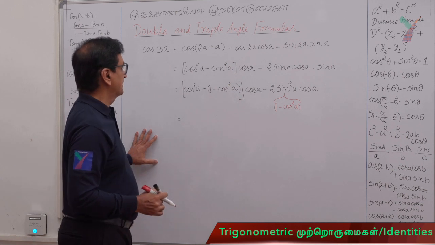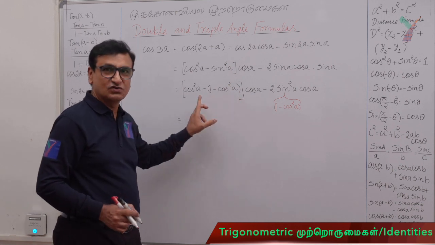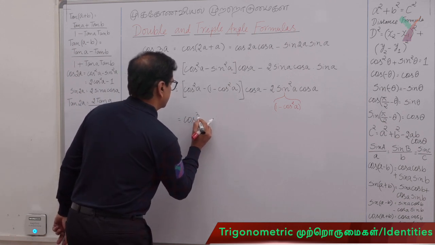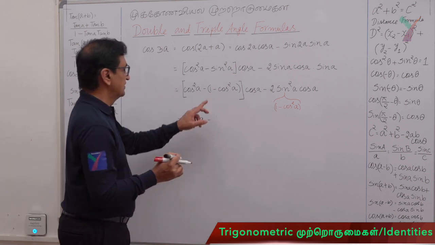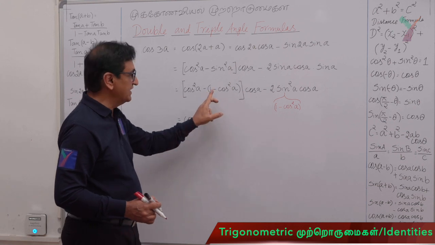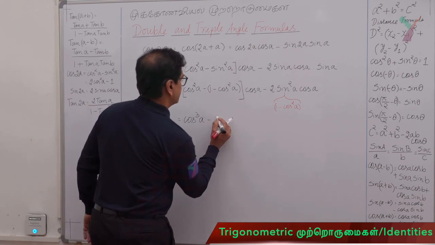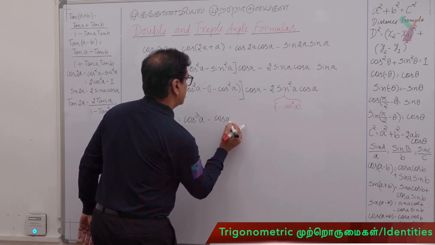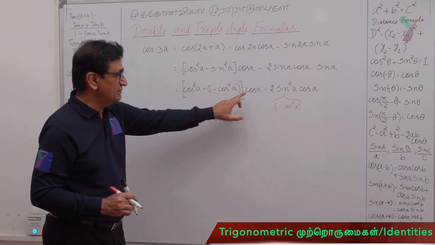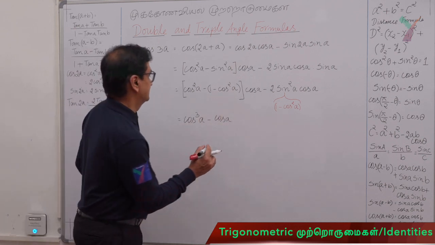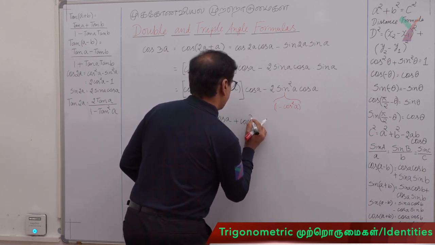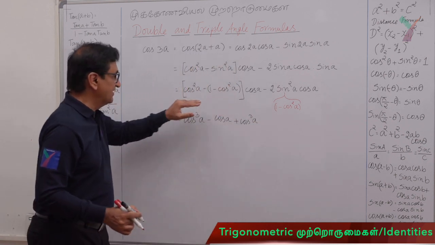So this would be cos square A times cos A, so cos cube A, minus 1 minus cos square A. So you have minus 1 here multiplied by cos A, so minus cos A, correct? Then minus of minus is plus cos square A multiplied by cos A, so cos cube A. So we are done with this term.